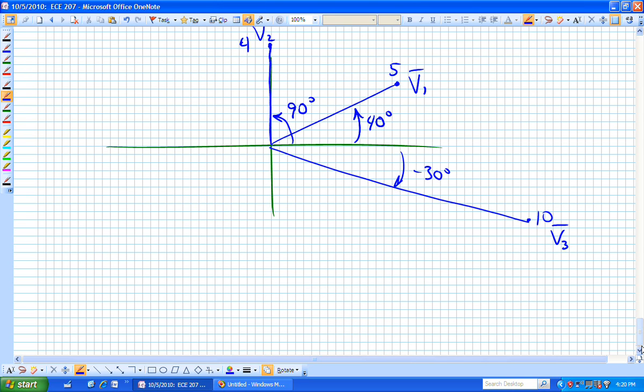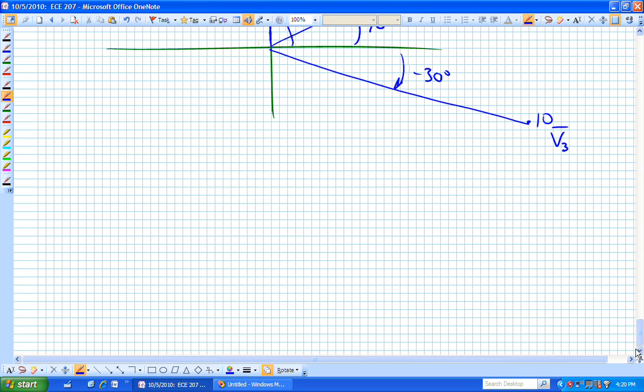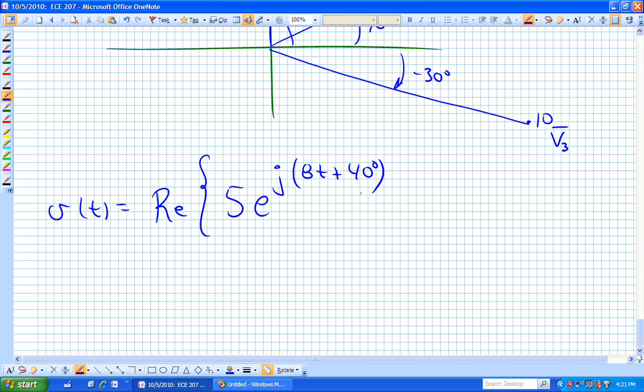Let's now do that with exponential notation. V of t is the real part of 5e to the j(8t plus 40 degrees) minus 4e to the j(8t minus 90 degrees). I kept the minus sign there.